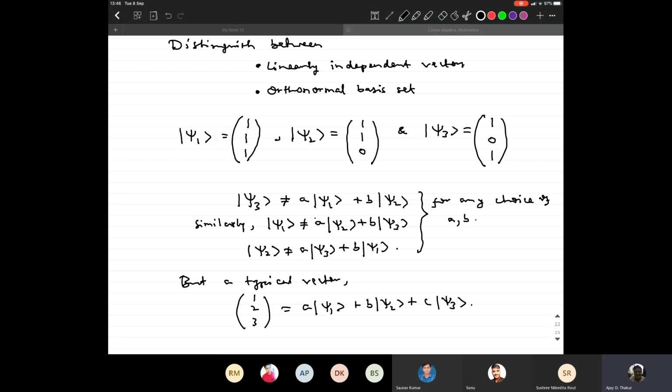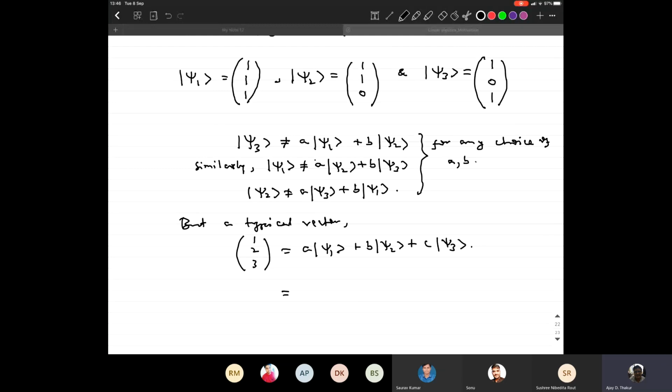Say, for example, if I'm just trying to figure this out, this is going to help me write A plus B plus C, this is going to be A plus B, and this is going to be A plus C. So if I satisfy A plus B plus C equals 2, 1, and A plus B equals 2, then C equals minus 1, straight away.